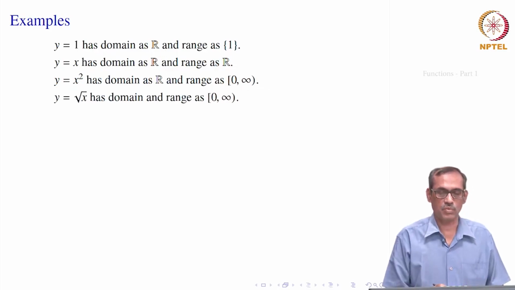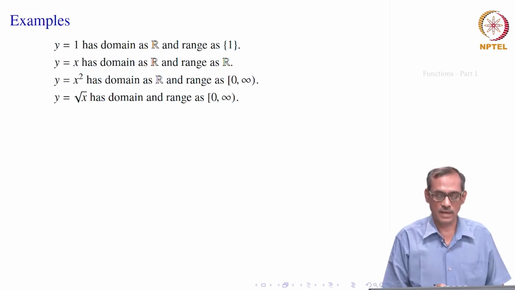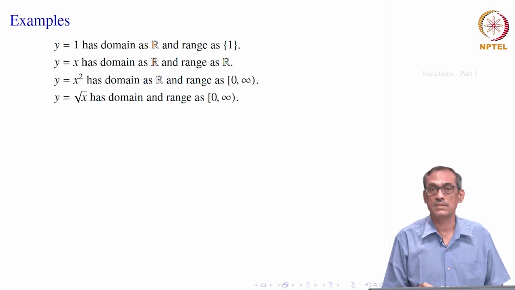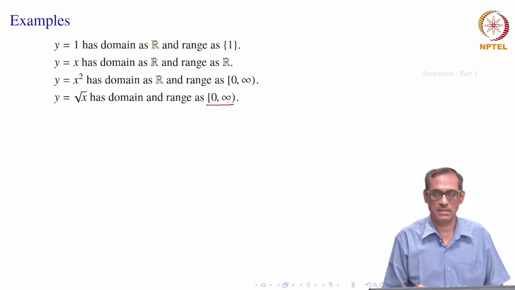If you take y equal to square root of x as another function, now this is not defined for every real number, because square roots of negative numbers are not defined. Only square roots of positive numbers and square root of 0 are defined. So, its domain is the set of all non-negative real numbers.